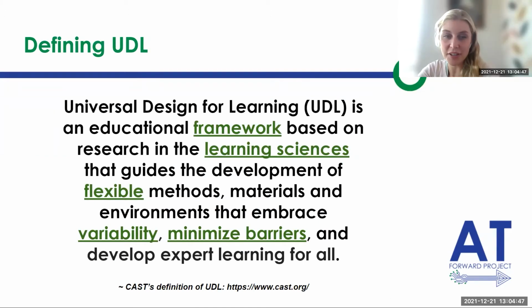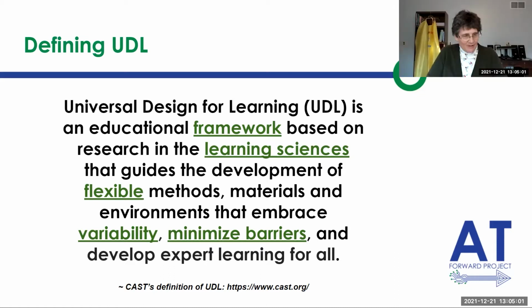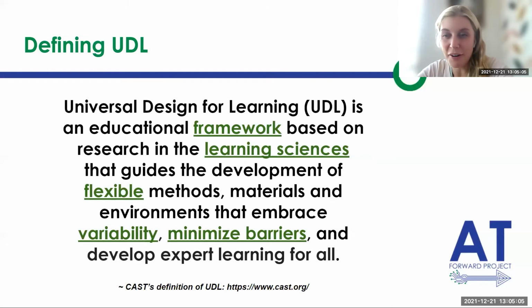We'll talk first about the definition of universal design for learning. This definition comes from the CAST website. Kathy, remind me, CAST stands for... now I'm going to pull a blank. We'll find it in the coming slides. But CAST is a wonderful organization and website that provides a lot of resources on universal design for learning.